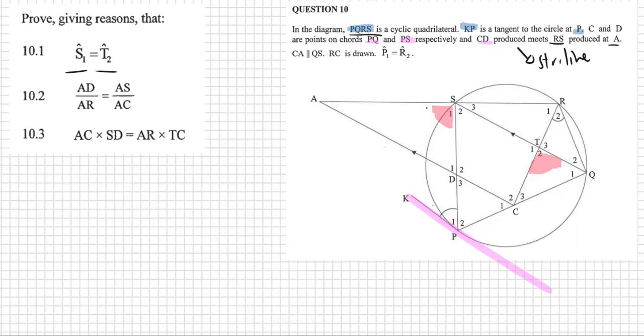So that means that S1 is going to be equal to the opposite interior angle, the external angle of the cyclic quad. This is produced to A, that RS is produced to A, that means it's a straight line, so it meets the criteria of a cyclic quad, and that's here. So we know that Q1 plus Q2 must be equal to S1.